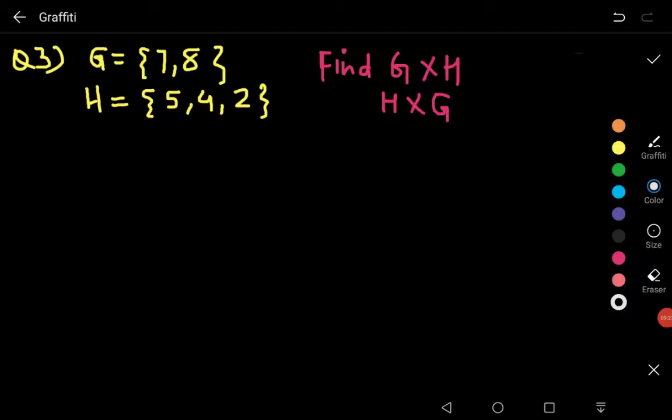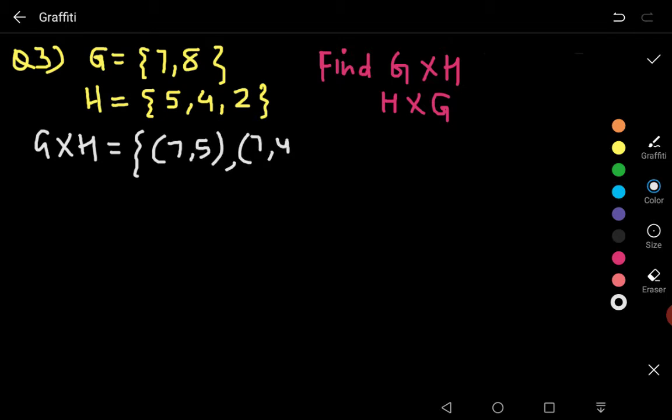So we need to find out, we have two sets G and H here, so we need to find out G cross H first. So it will be, first we will take 7 and 5, right? So it will be 7 comma 5, then we will take 7 comma 4 and then 7 comma 2, right?